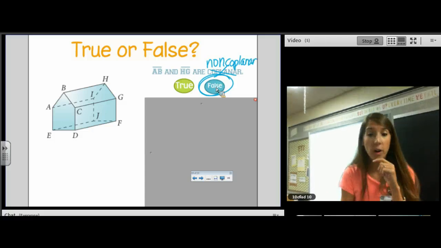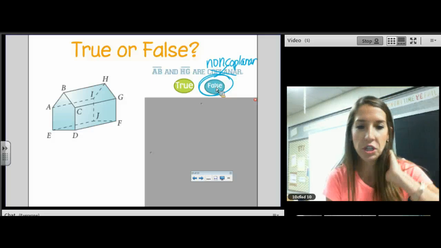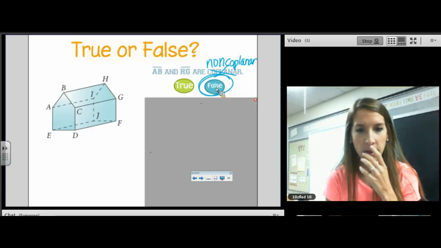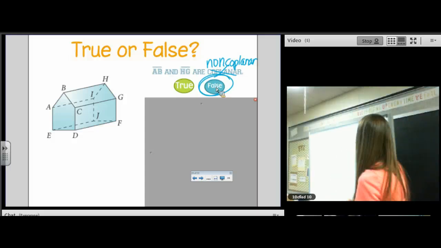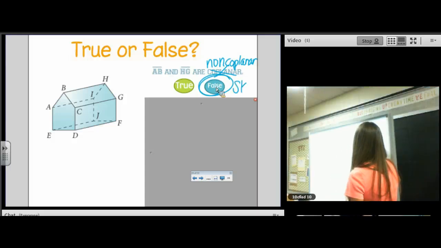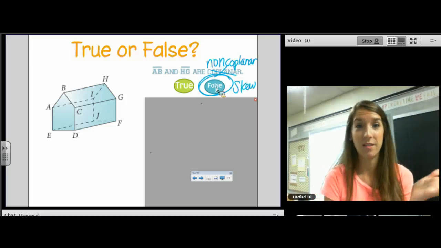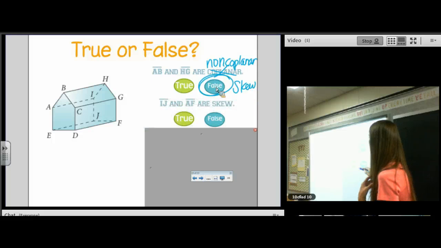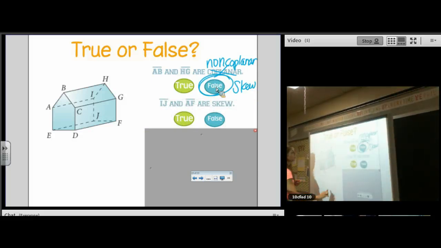What word are they? You don't have to write any of this down. We're just learning. It's notes. I would not spend time drawing that picture. They're skew. Very good. And by definition, skew lines are non-coplanar to begin with. Next one. IJ and AF are skew.